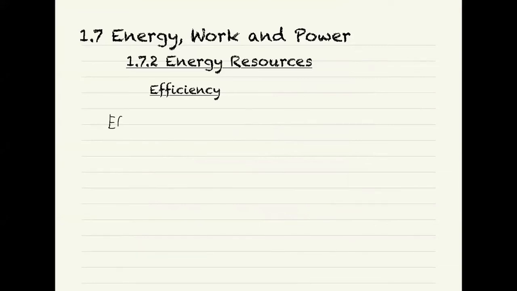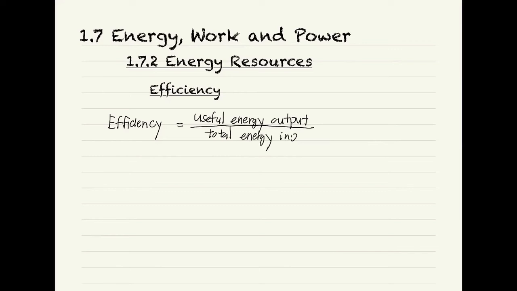We have two formulas to find the efficiency. Efficiency equal to useful energy output divided by total energy input times 100%. Unit for the energy output is joule. Unit for the energy input is joule.